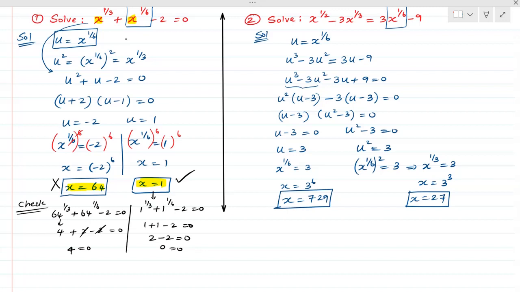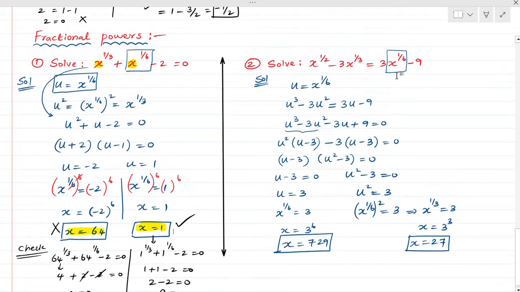Here the same problem we will have for this part. We will have a different type of thing. So I will take the largest 1 over 6 as u. So here it becomes u square, and this becomes u power 3. So the given equation is reduced in the format of u.